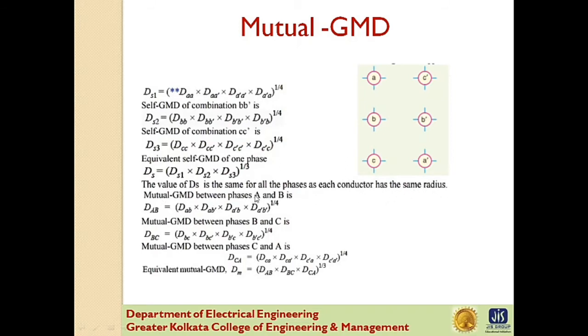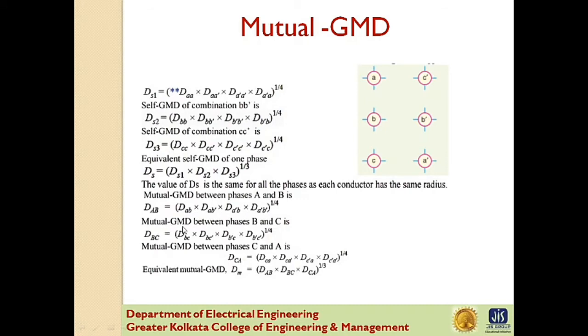Now the mutual GMD between phase A and phase B is DAB equals (DAB into DAB' into DA'B into DA'B') whole to the power 1 by 4. That means the distance between A to B, into the distance between A to B', into the distance between A' to B, and the distance between A' and B'.